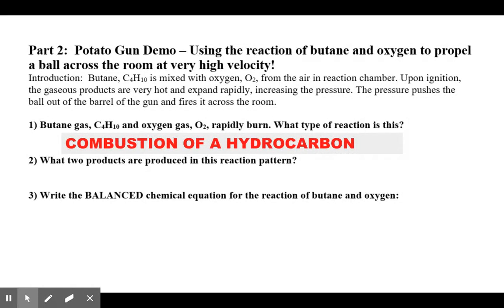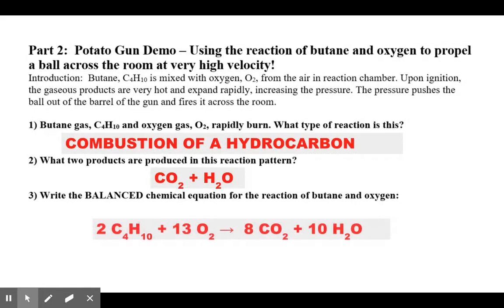Our products then, just like the products that are coming out of us every time we are generating energy, are CO2 and H2O. So now for our balanced equation, we are looking at C4H10 plus O2 yields CO2 and H2O.